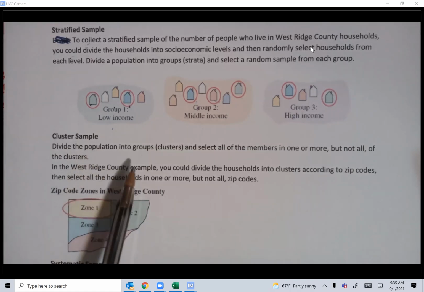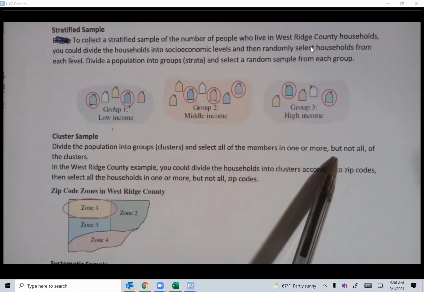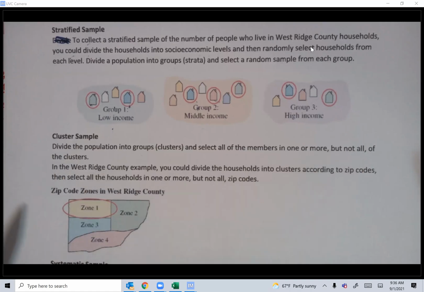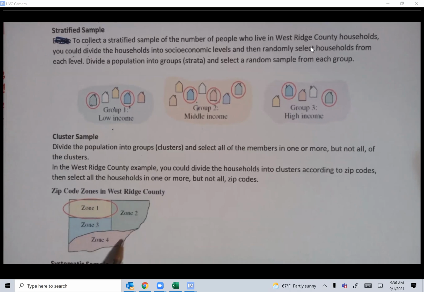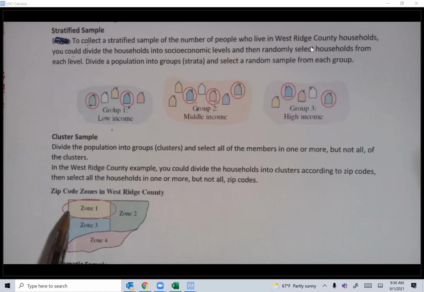So divide the population into groups and select all of the members in 1 or more, but not all of the clusters. So here we divided the Westridge County into 4 zones. And then we say that we're going to select the members of zone 1, all of them, and put them in the sample and make it what we call a cluster sample.